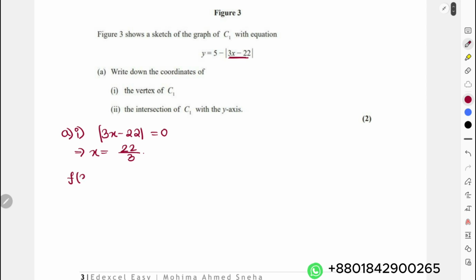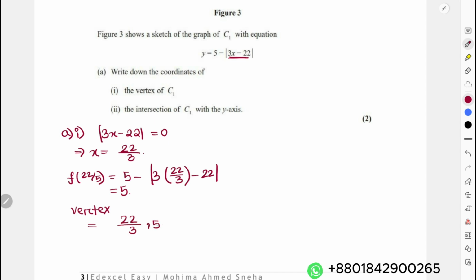After this, to find the y coordinate, I just have to insert this into the equation, which is 5 minus the modulus of (3 × 22/3 minus 22). This one actually becomes 0, so we are anyway left with 5. So the vertex coordinate is actually 22 over 3 and 5.